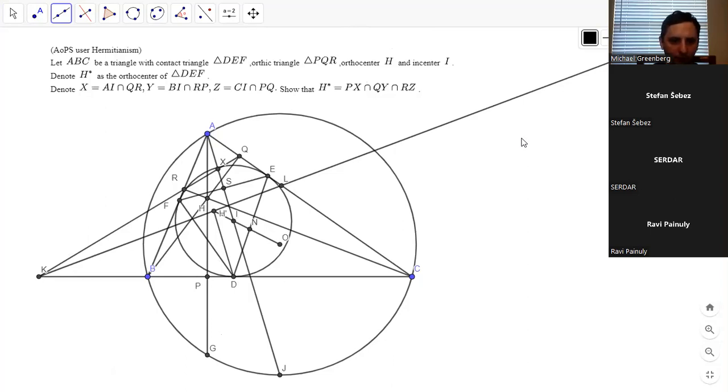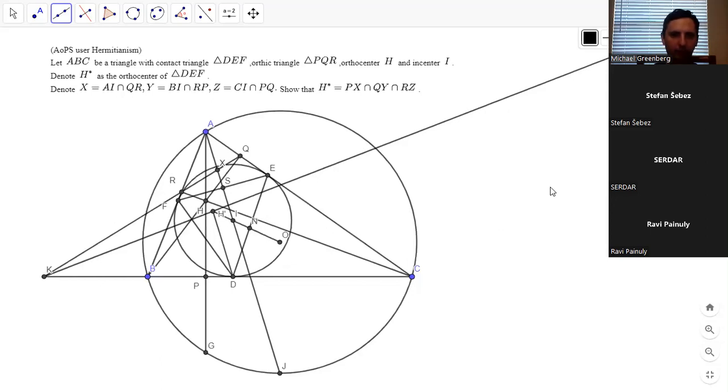Maybe it's better to project onto the circle itself, because that would be more symmetric. Then we want to project from a point on the circle. You know what? Maybe. What if we projected through point D onto the circle?